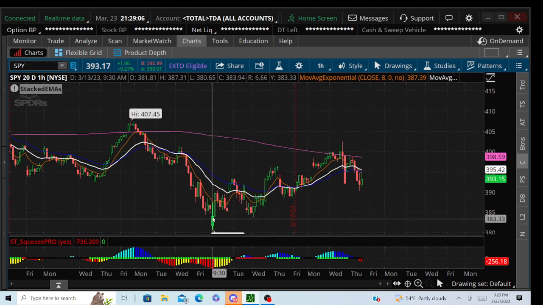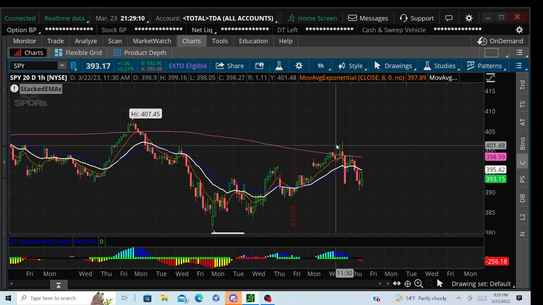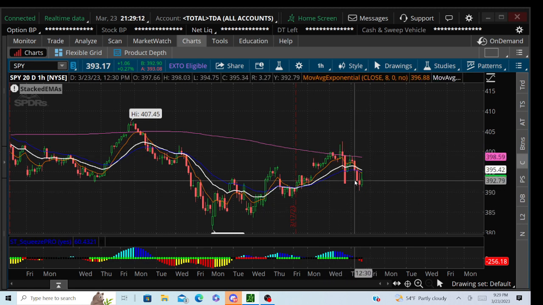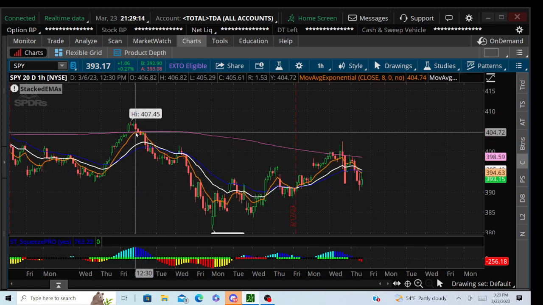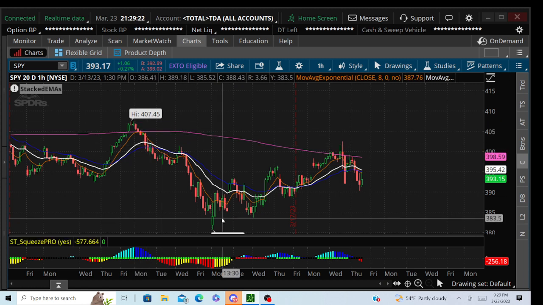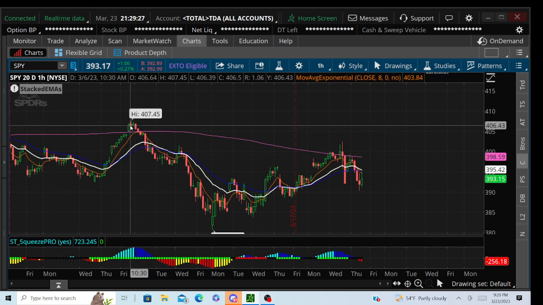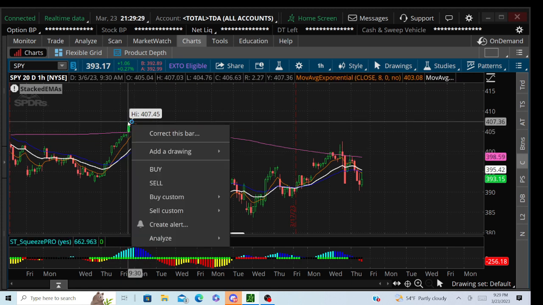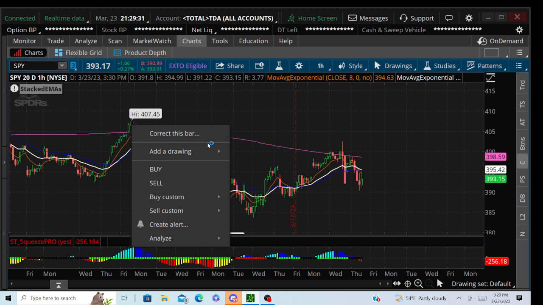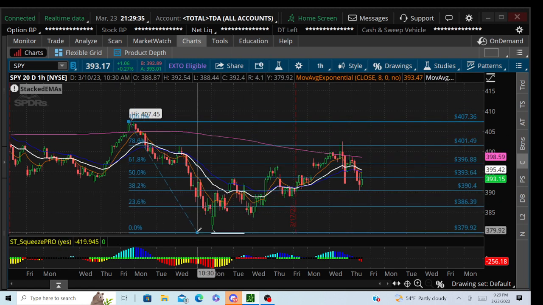As long as it's going in the same direction, once it pulls back, that's still valid. It's like using it from this high, or from this high all the way down to this one and putting your fibs on. It's just the most recent swing high to swing low on the time frame. You can see how the trend goes.